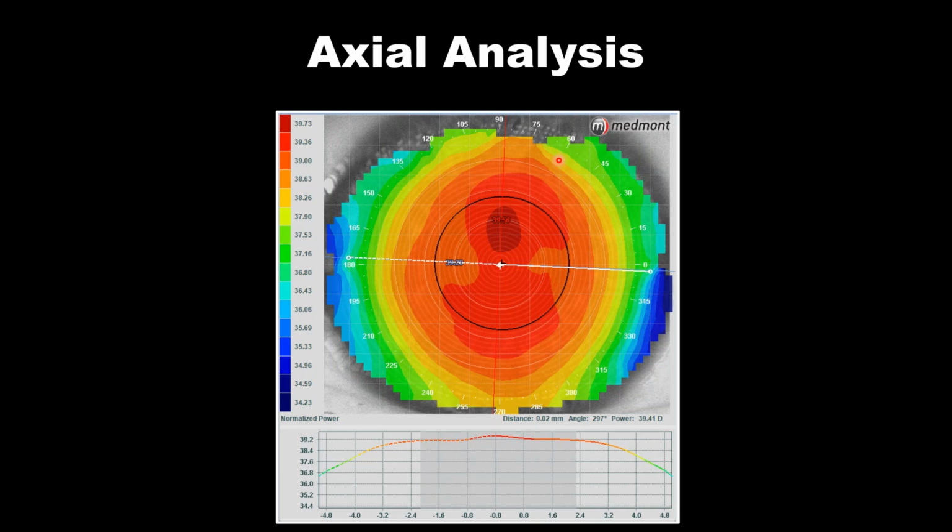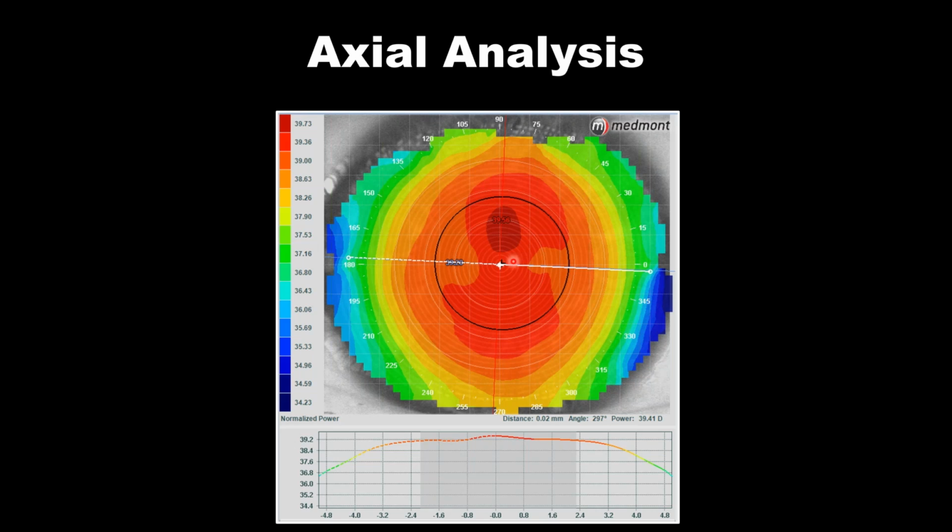Now, the various analyses that we're going to do with the software: first is axial, and we want an appreciation of how regular or irregular the eye is. The axial helps us understand, does this patient have great potential in the shape of the anterior surface to bend light?